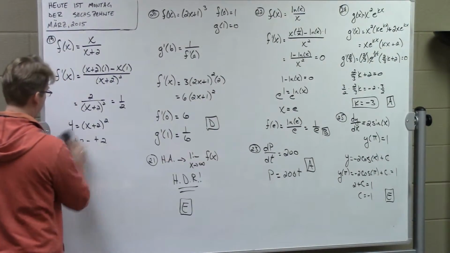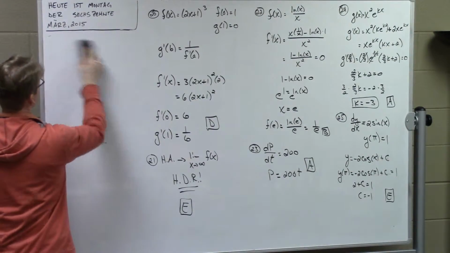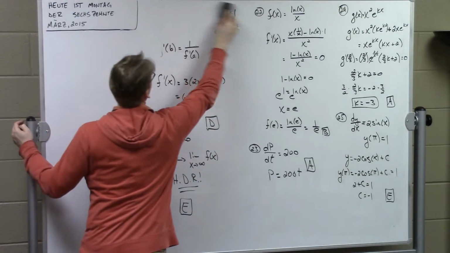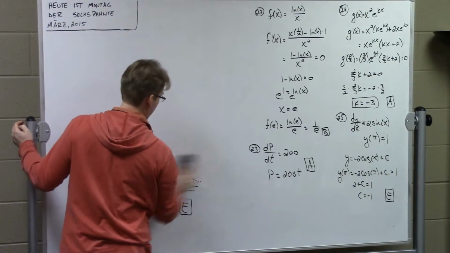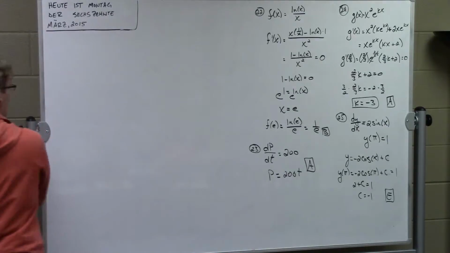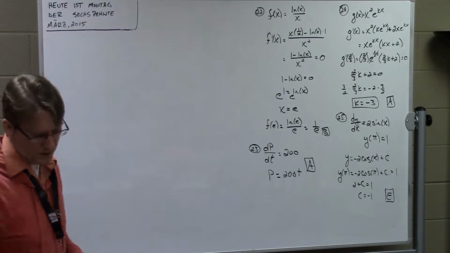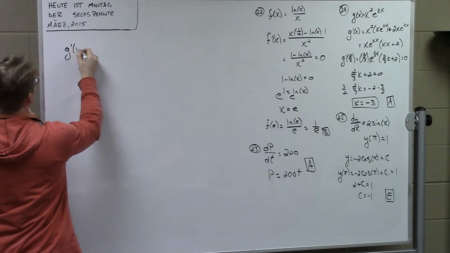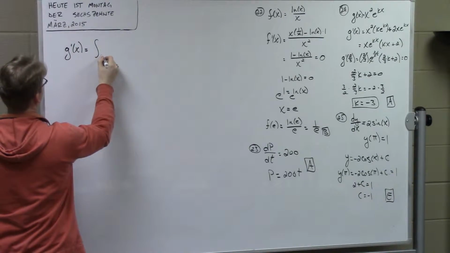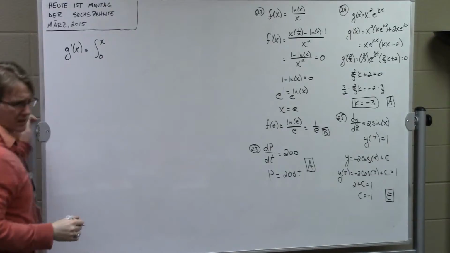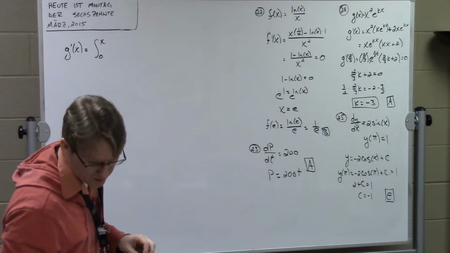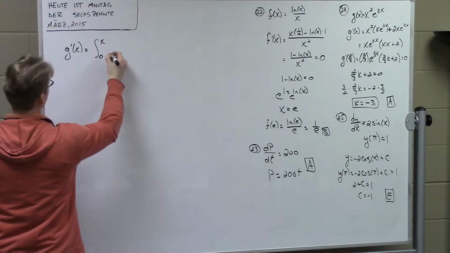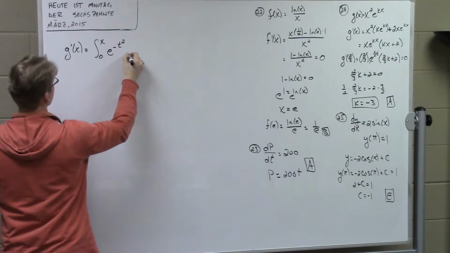So we have G prime is the integral from 0 to x of e to the negative t squared dt.